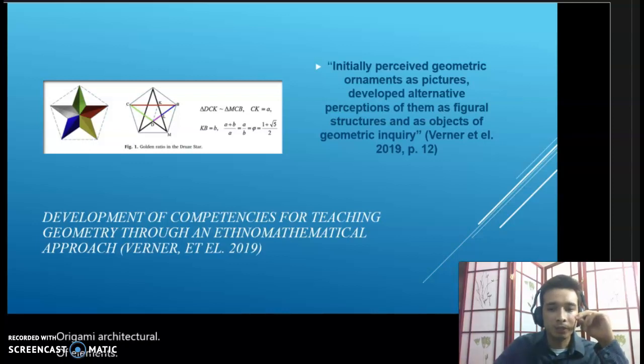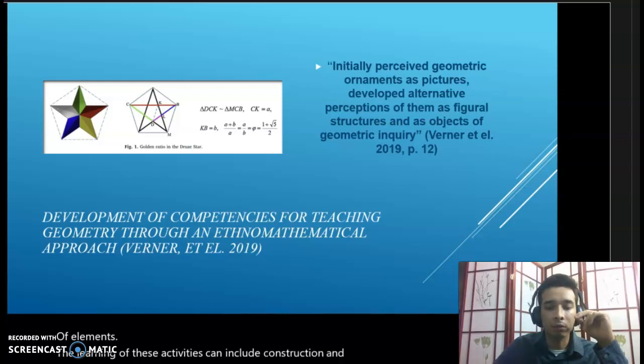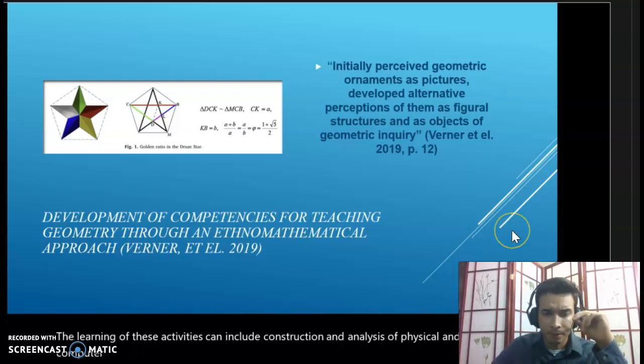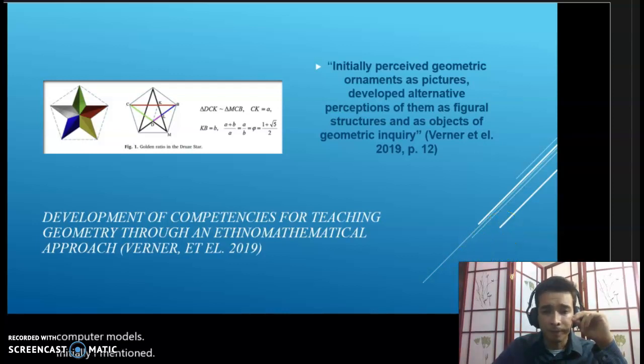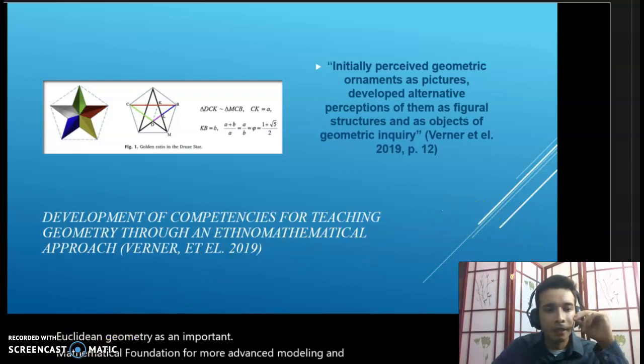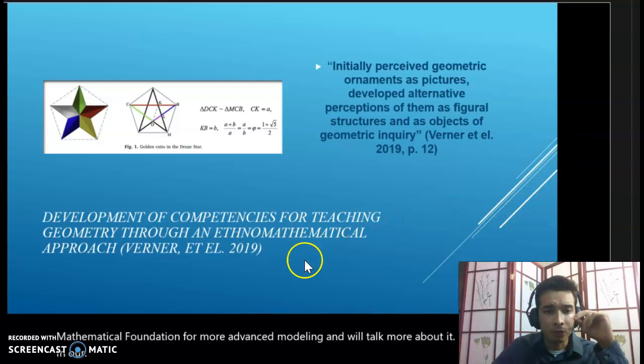The learning of these activities can include construction and analysis of physical and computer models. Initially, I mentioned Euclidean geometry as an important mathematical foundation for more advanced modeling, and we will talk more about it at the end of this presentation.